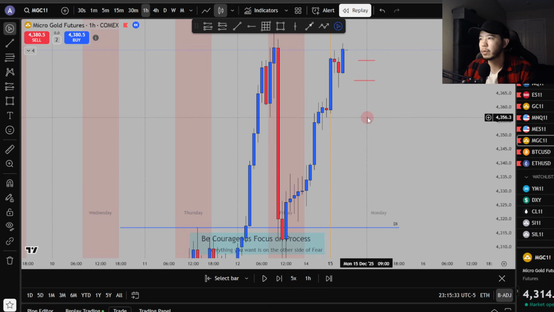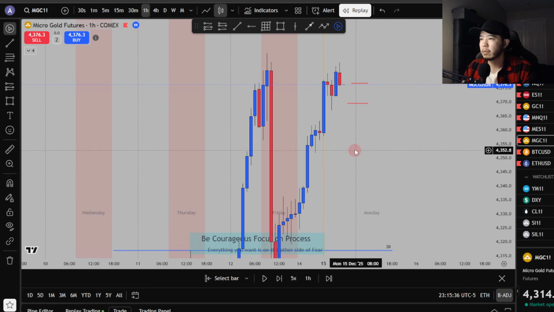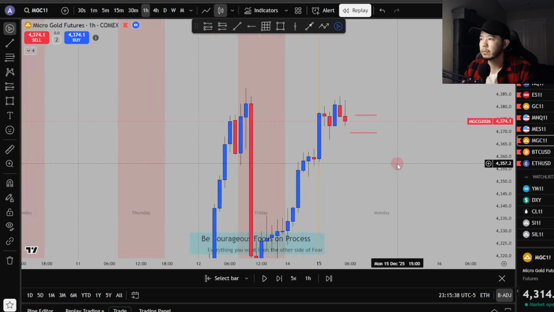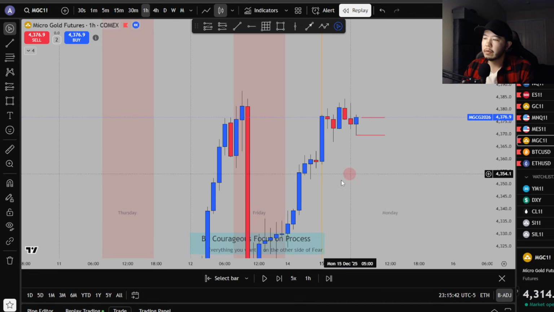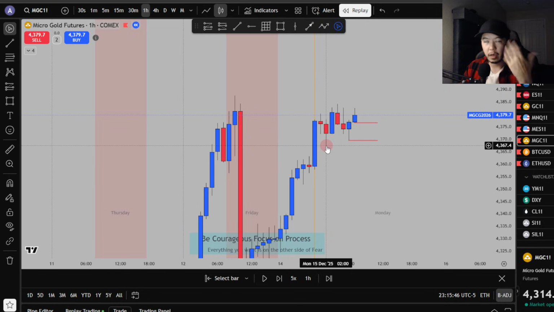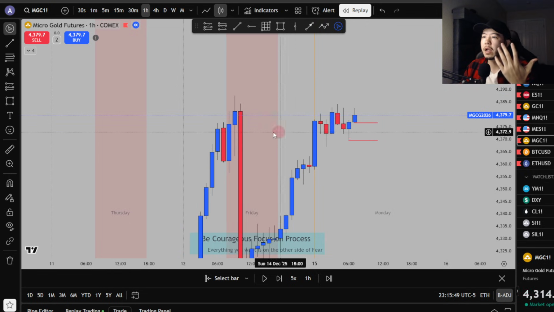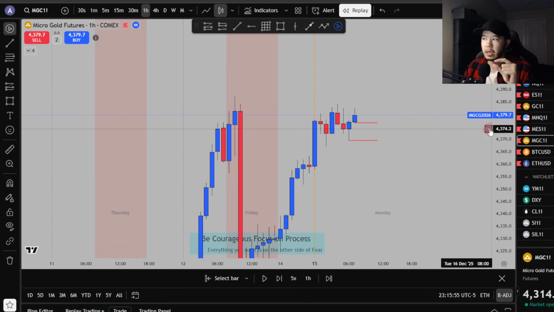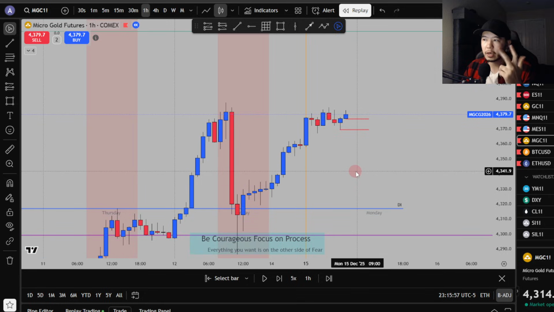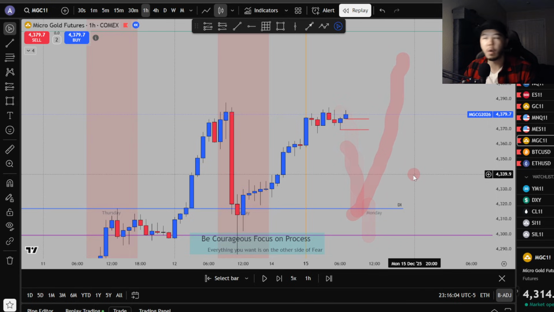So let me show you where we were. So around here, another thing about higher time frame understanding or the bias: if you see a rejection level from a certain area multiple times, we are most likely going to hit the most recent daily indication, weekly indication, or hourly indication before we go up.